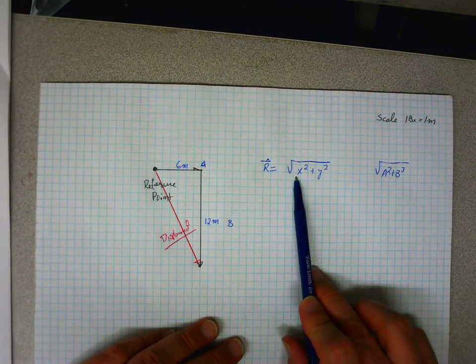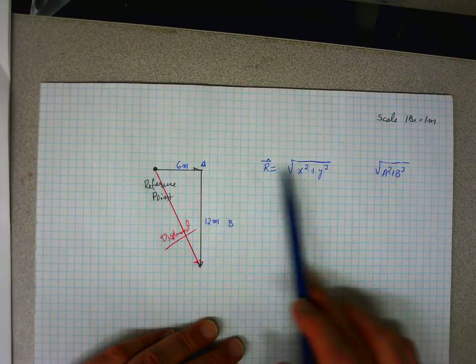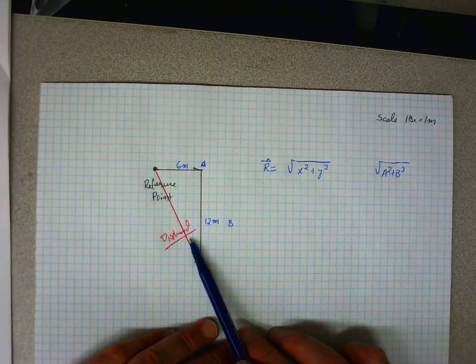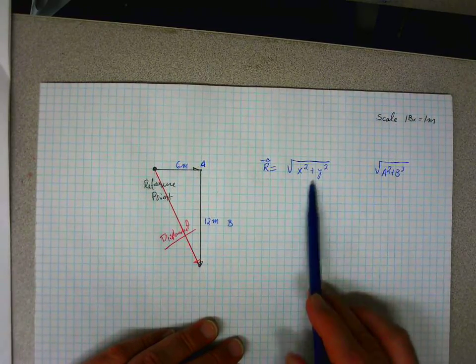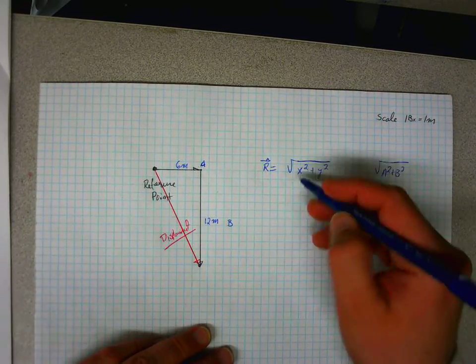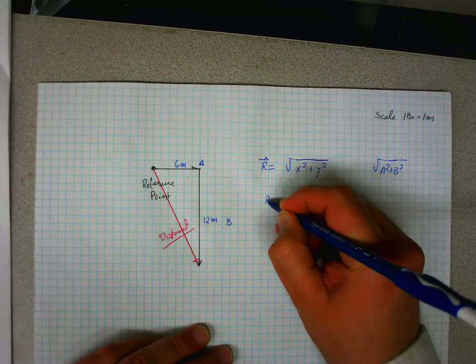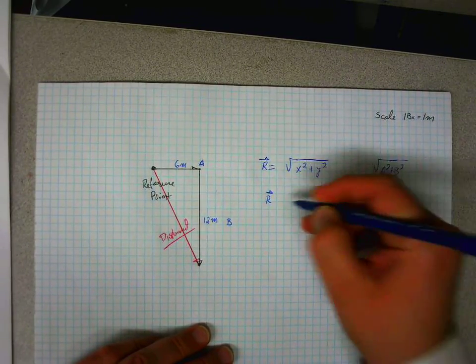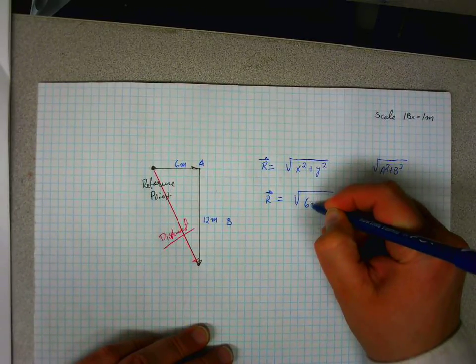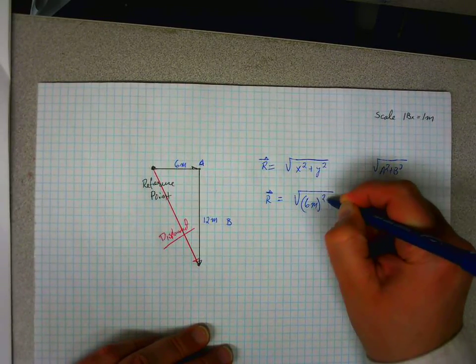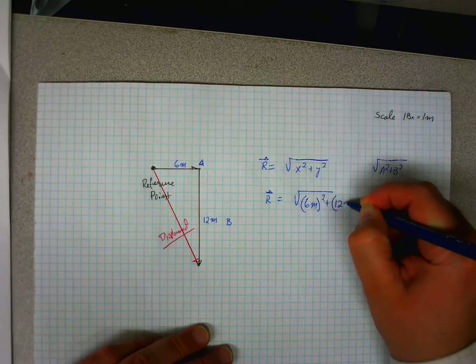Only here we're recognizing that the 6 is in the X direction and the 12 is in the Y direction. So now we use this formula. We just basically plug and chug: R, or the displacement that we're looking for, is equal to the square root of 6 m squared plus 12 m squared.